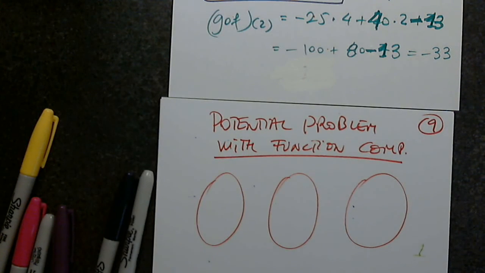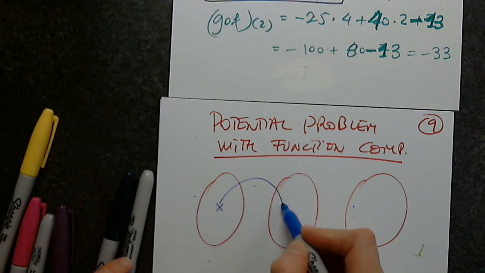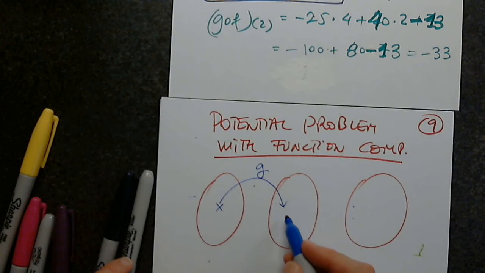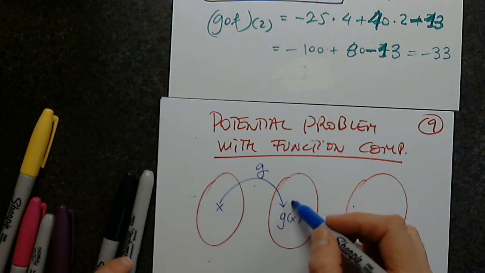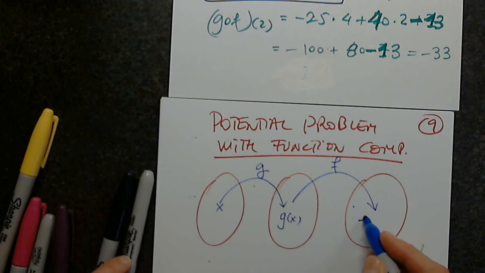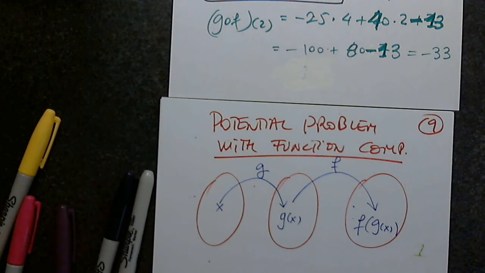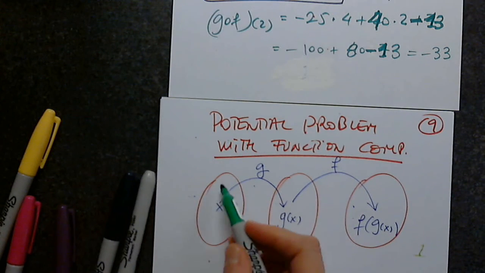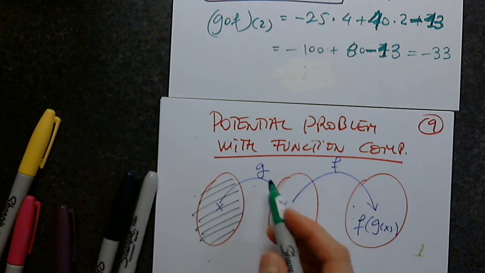We already established that if this is x and we apply g to it, what do we get? G of x, very good. And then we continue applying f to it, and we get f of g of x. Perfect. So now, please tell me, what does this set represent for g?